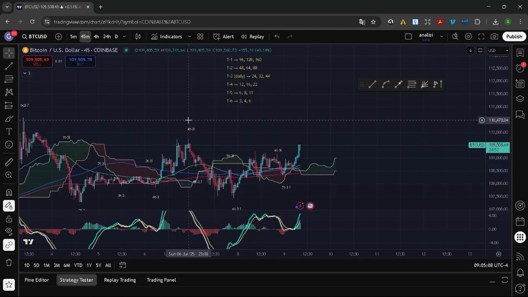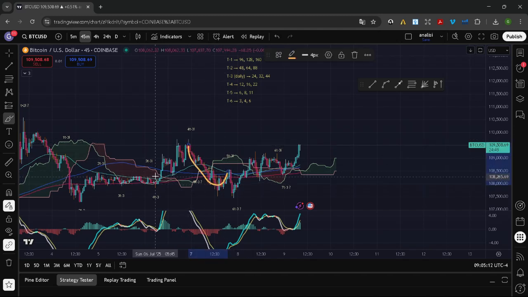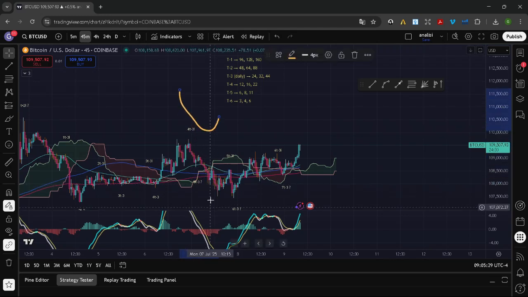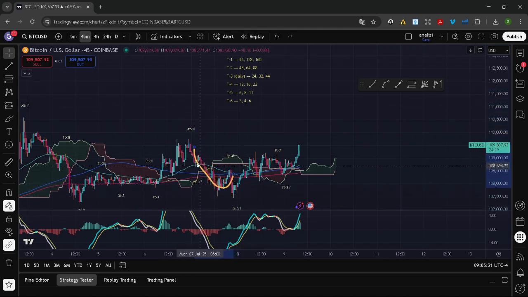For example, this is an inverse cycle that is drawn like a U. It is a cycle that starts with a maximum price, updates the minimum price, so we can see a minimum target there, and updates a new maximum.